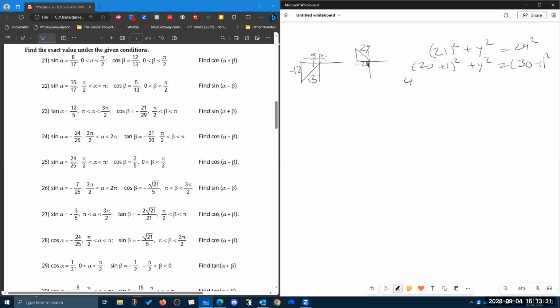So this is 441, and 841 minus 441 is 400. So y squared equals 400, so y is equal to 20.